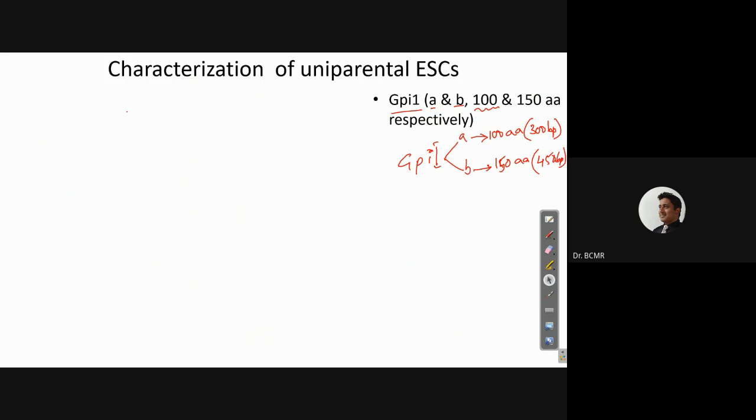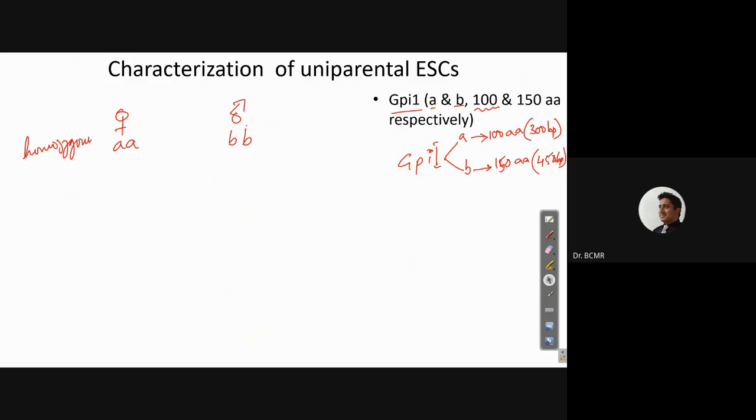So that means we should have taken the mother and the father who are homozygous, the mother for small a, and the father for small b. You can also take it vice versa.